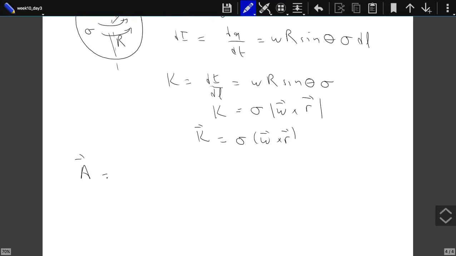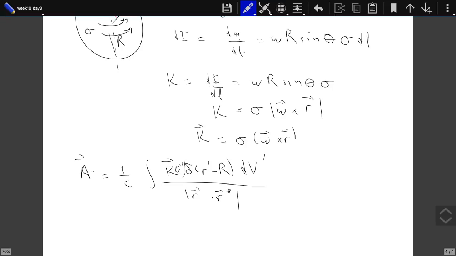So the vector potential will be 1 over c, well, if you want to, K times Dirac delta r minus the radius, dv divided by r minus r prime. So no, this is r prime. Integral over dv prime, K at the point r prime.